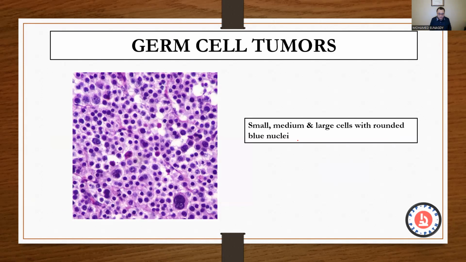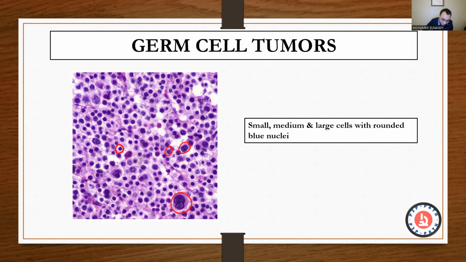Then, if you see these small, medium-sized, and large cells, a whole bunch of different sizes of cells, but all these cells share a common feature, which is having rounded blue nuclei.